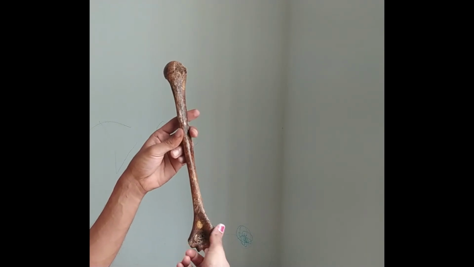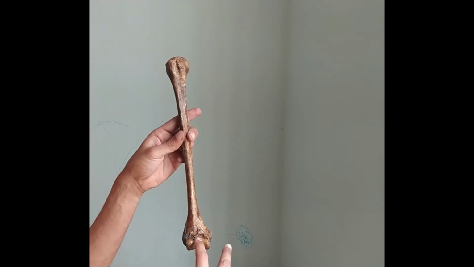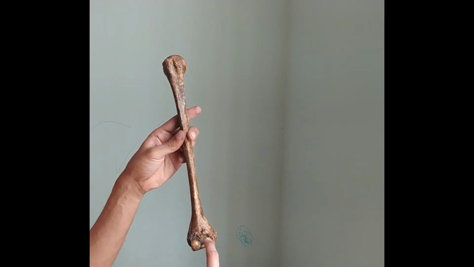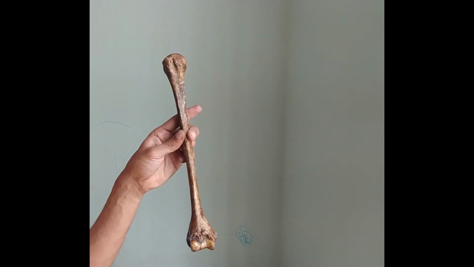Moving on to the anterior aspect of the humerus. Here in the anterior aspect of the lower end we have two fossae. The first is the radial fossa, above on the lateral side, and another fossa seen above on the medial aspect is the coronoid fossa.